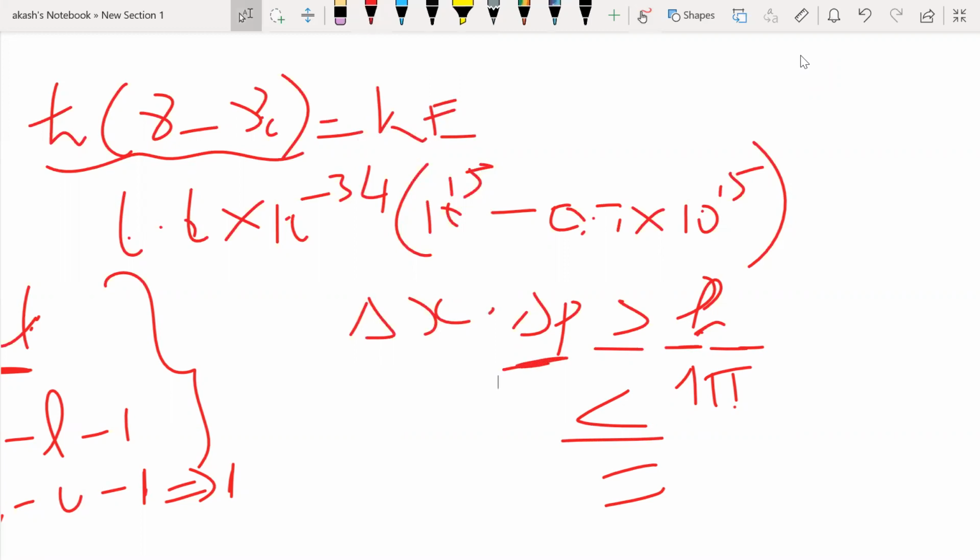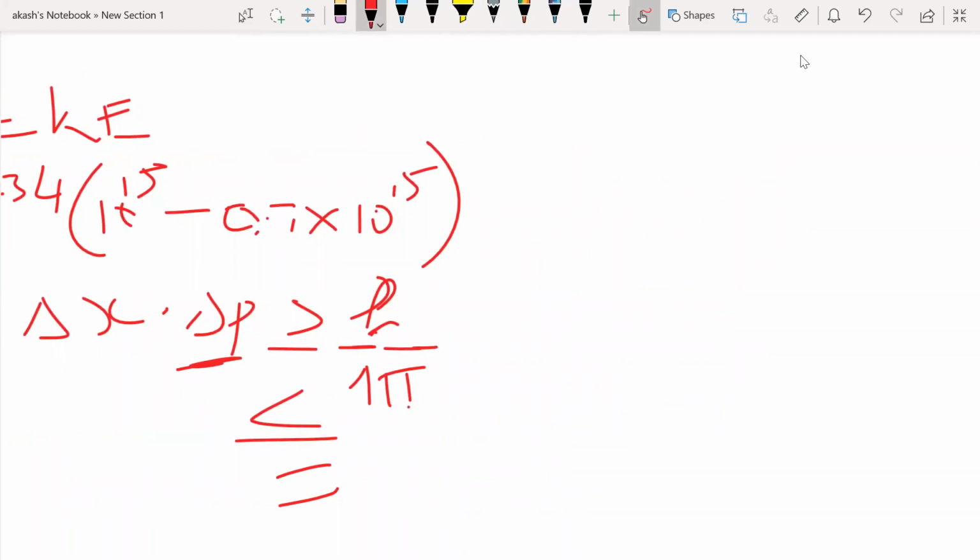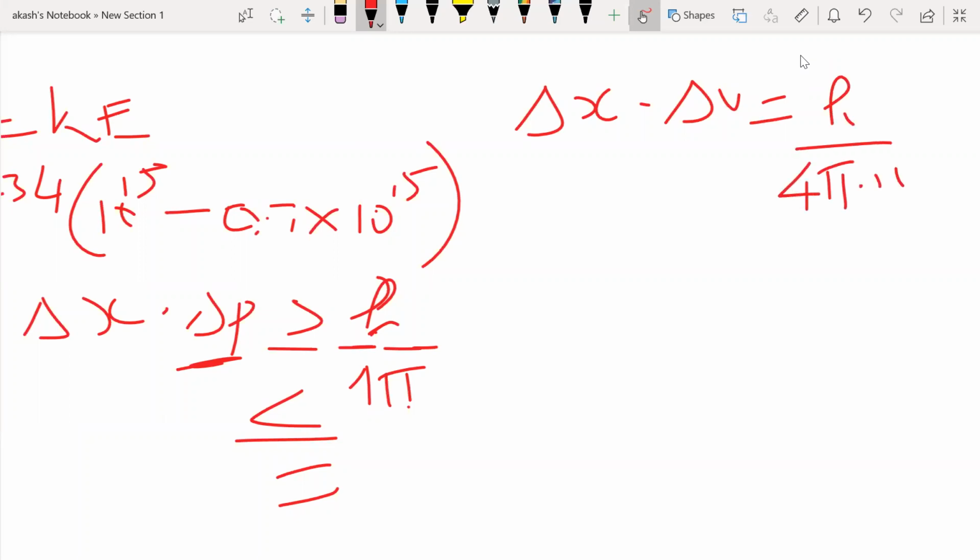So if I write it properly, del x is what we have to find out, into del v is equal to h by 4 pi m. I can write it like this because m will be outside of the uncertainty, the delta. So you have to substitute the values. You have to find what this del x is. That's what you need to find.